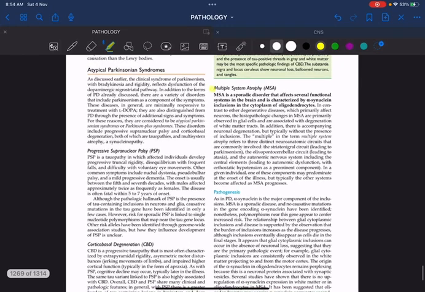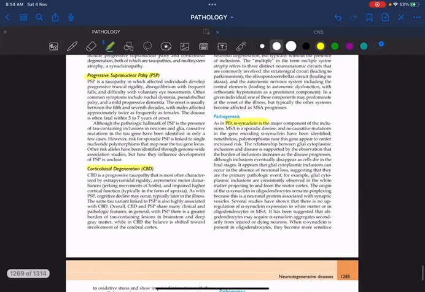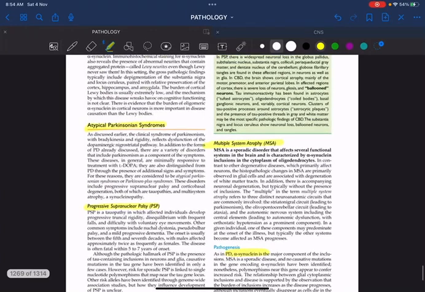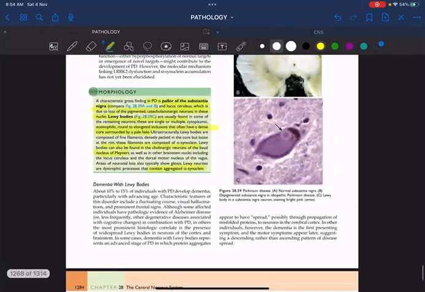In multiple system atrophy, it is also alpha synuclein. In all atypical Parkinson's syndromes like progressive supranuclear palsy and corticobasal degeneration, again you have what we call alpha synuclein. Just remember that point.